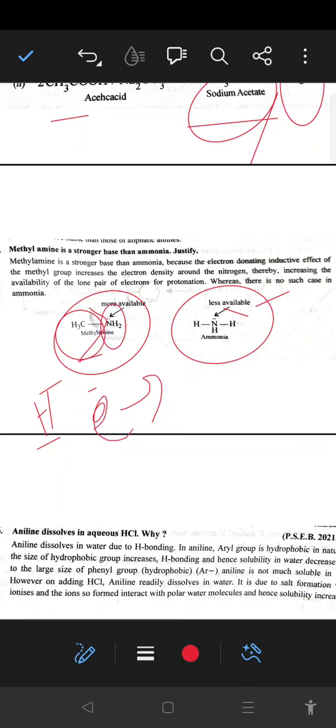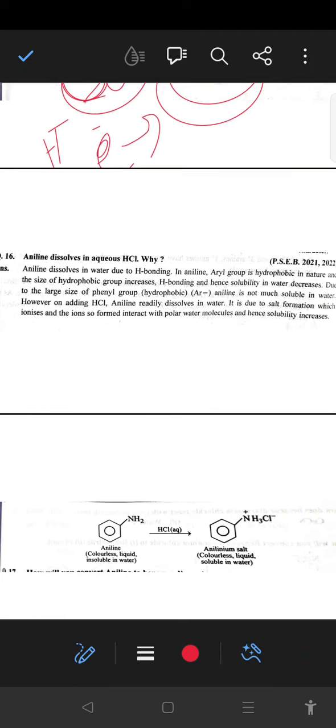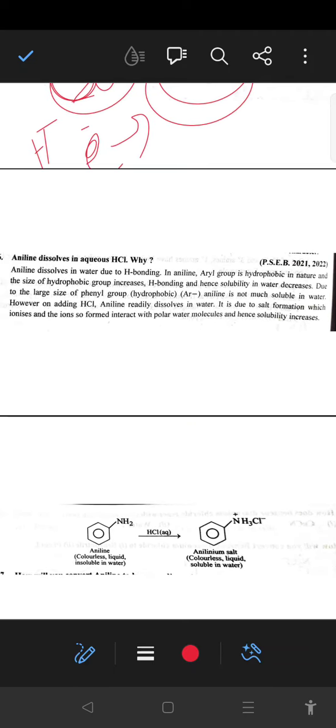Next, aniline dissolves in aqueous HCl. Why? Aniline does not dissolve well in water because, although it can hydrogen bond, the aryl group is hydrophobic in nature, and as the size of the hydrophobic group increases, the hydrophobic part becomes larger, hydrogen bonding decreases, and hence the solubility in water decreases.